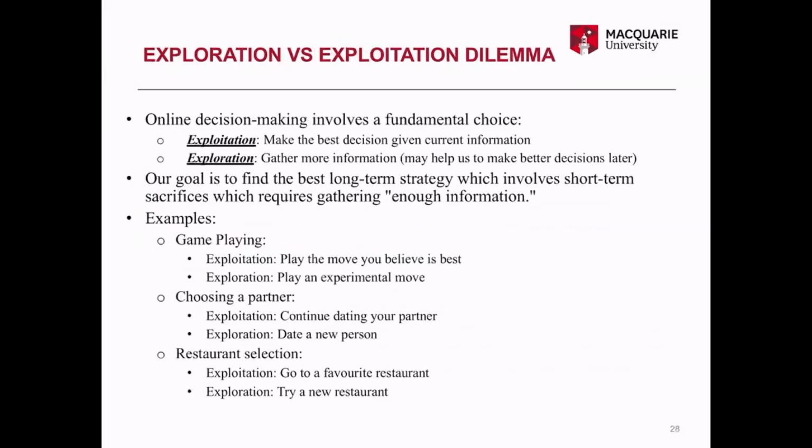So what is this exploration versus exploitation dilemma? The exploration and exploitation dilemma is a fundamental problem that any form of intelligence has to deal with. Even in evolution and evolutionary algorithms, we have to address it, which, as you know, happens by mutation. Exploitation simply means that you have an understanding of something, or you have some guess, and you make the best decision given the current information you have, right?